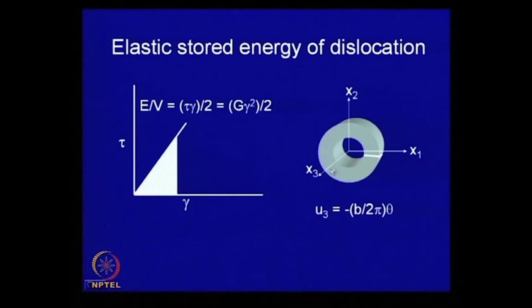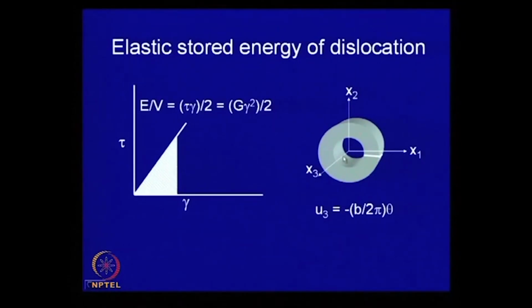In fact, we can say that this hollow area is where the defect is located. The reason we consider it hollow is that you can find the stress field only if the deformation is elastic, and within this core, elastic or Hooke's law will no longer be valid.